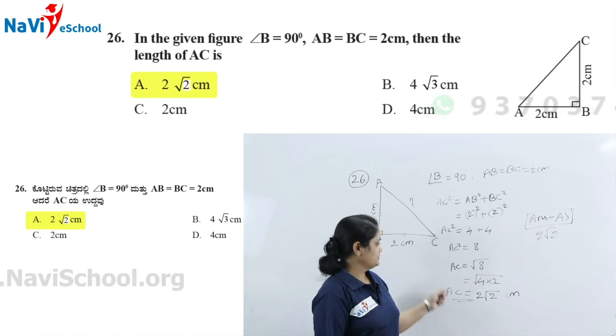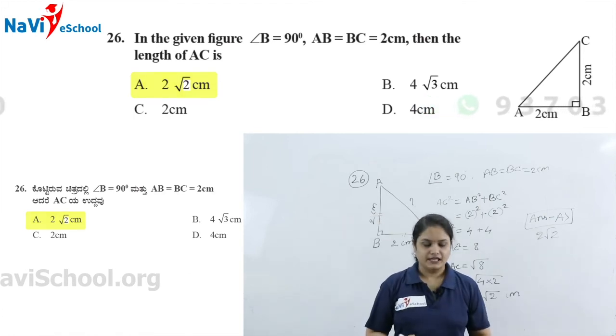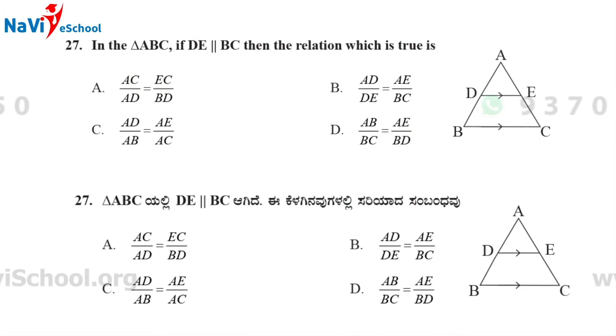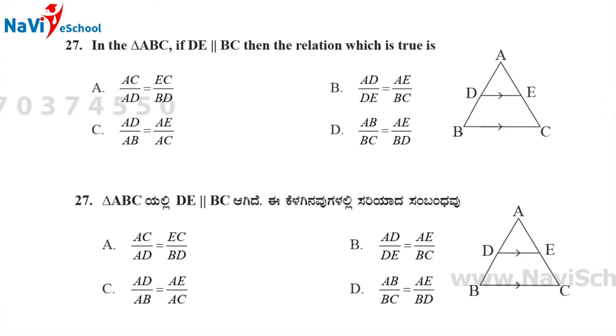Got it, children? Well, next, question number 27. In triangle ABC, if DE is parallel to BC, then the relation which is true. Option A, AC divided by AD is equal to EC by BD.